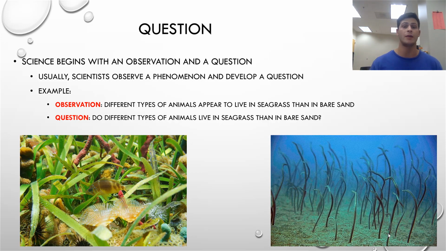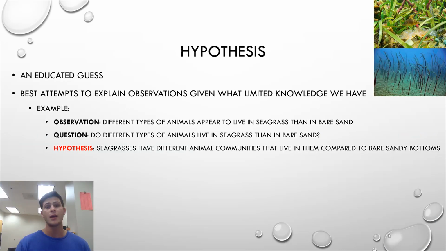So do different types of animals live in seagrass and bare sand, or is that just something that we're seeing at this moment? So we have our observation, we see something happening, we see a pattern that might be apparent, and our question is, is that pattern actually happening? Is this actually a characteristic of these two habitats, or is this just some observation that we are seeing at this moment?